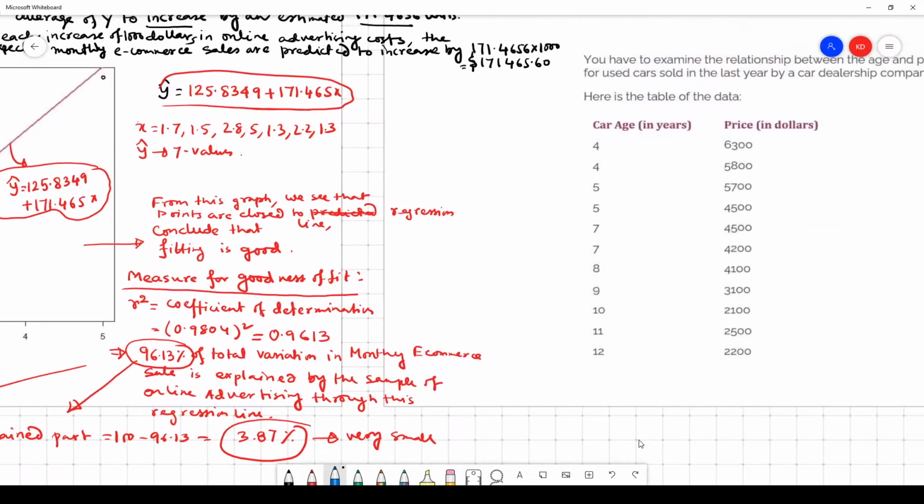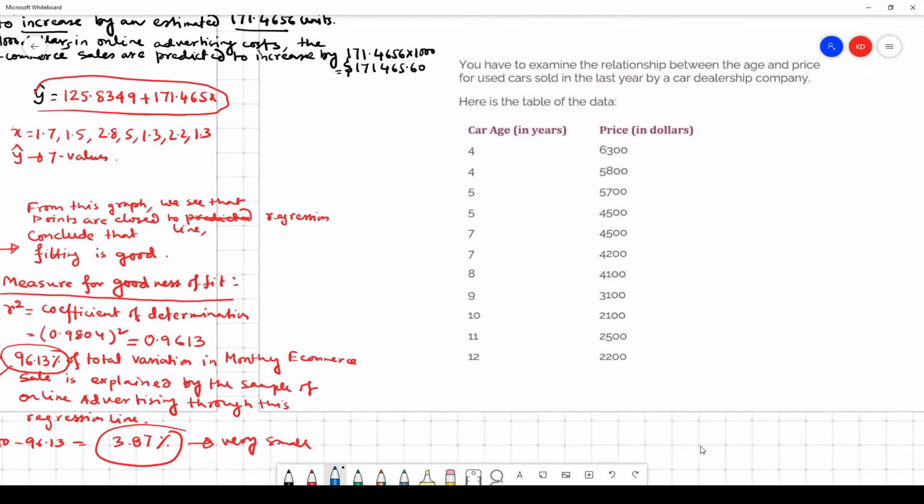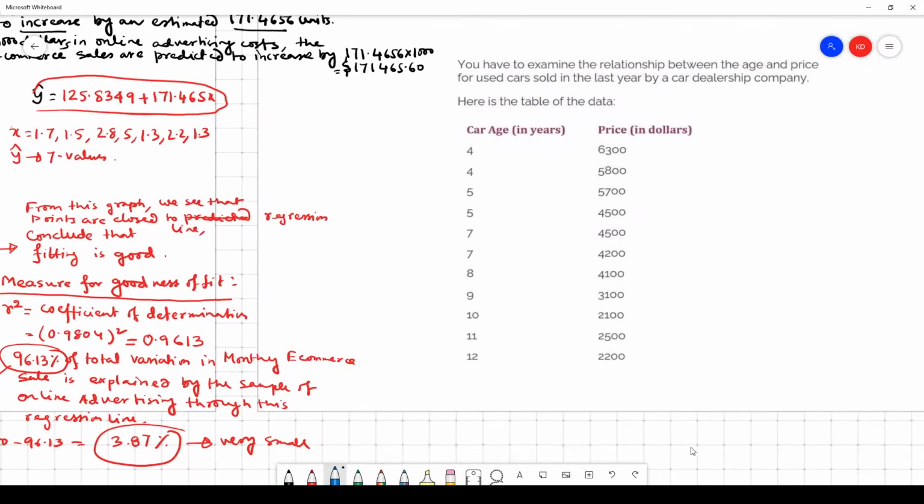So here is another data set. We do not discuss it in detail. This is your homework, but I need to discuss something here.